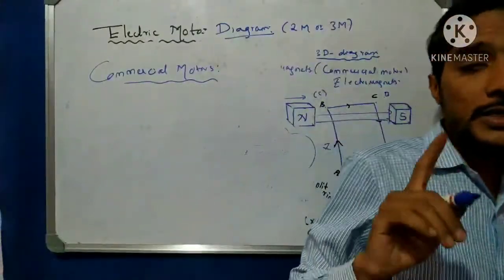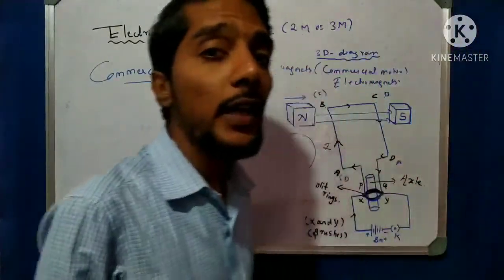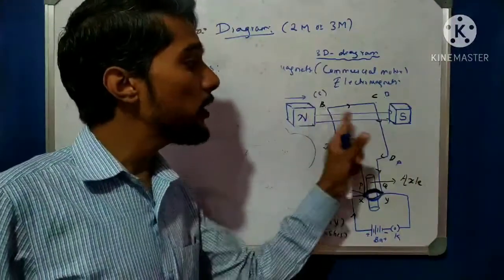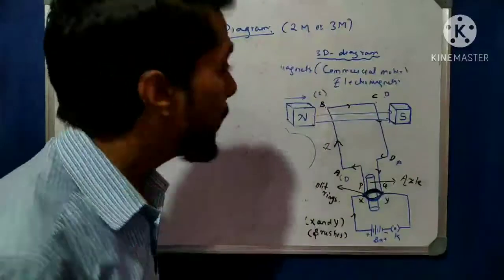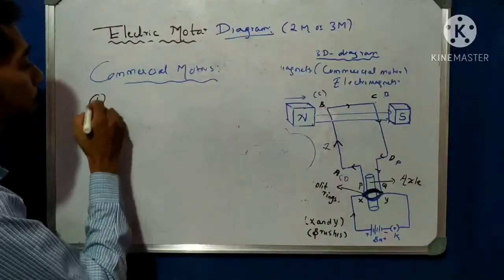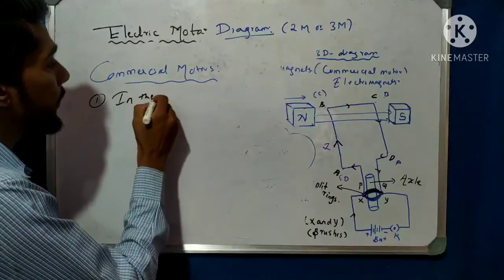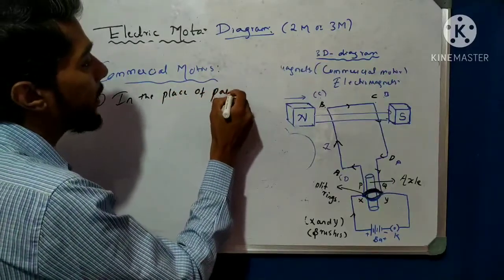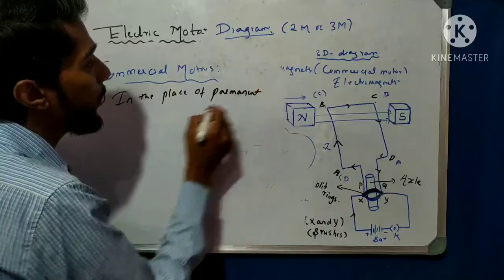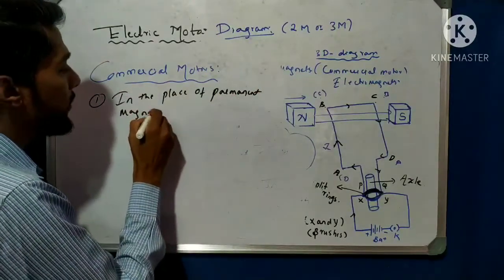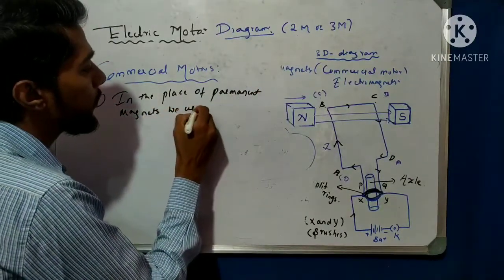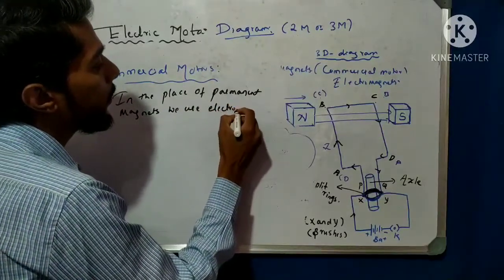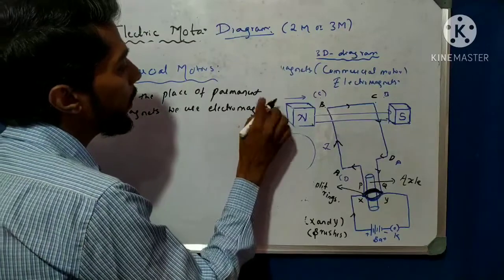We know that for designing the electric motor we require magnets. In the simple device we use permanent magnets, but here in the place of permanent magnets we use electromagnets.